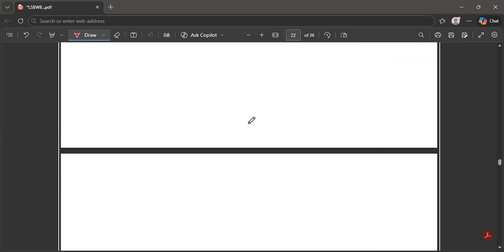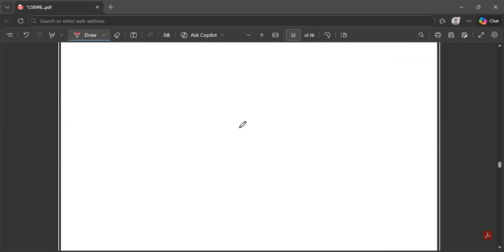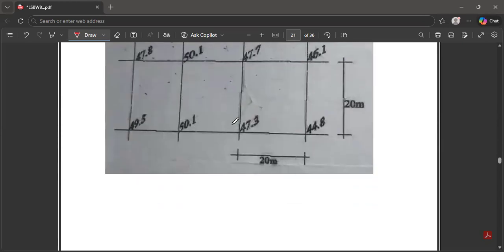So you are being asked to calculate the volume of material to be excavated.